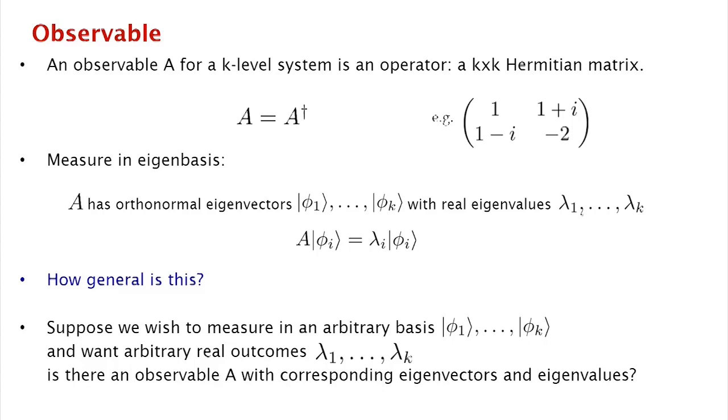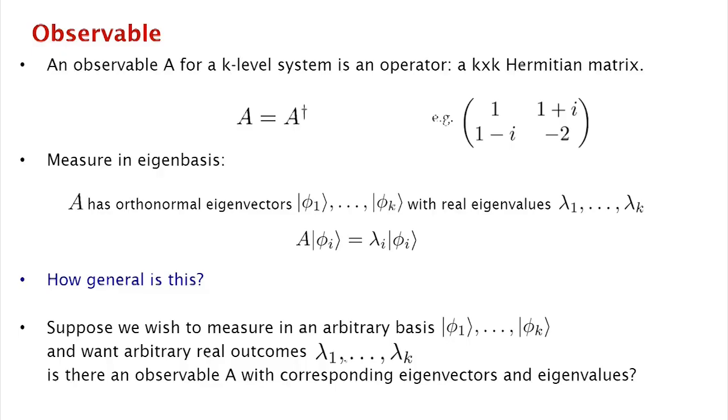Can you design for me an observable A, meaning a k by k Hermitian matrix, which has exactly these eigenvectors, phi 1 through phi k, and eigenvalues lambda 1 through lambda k? And the answer is going to be yes. These two are completely equivalent. So let's see why. Let's actually do this first by an example.